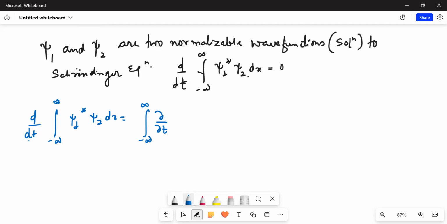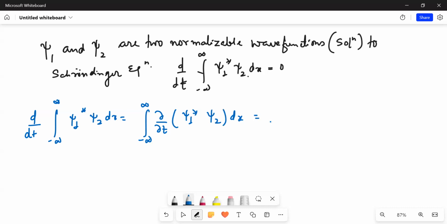I cannot take the total derivative completely inside. This is also referred to as Leibniz rule of differentiating under the integral sign. This is quite technical and acceptable, so don't worry about the mathematical justification for the same. So psi 1 star psi 2 dx.